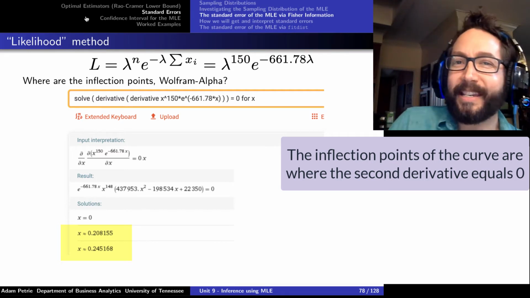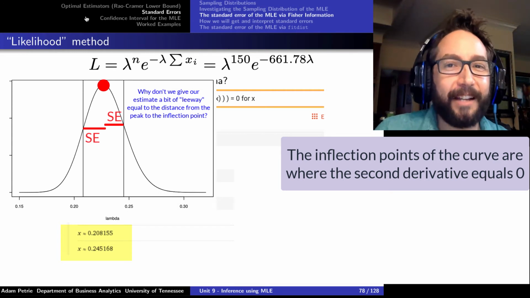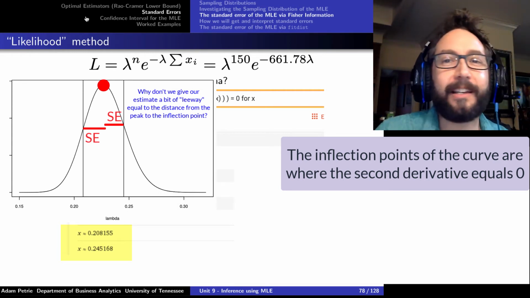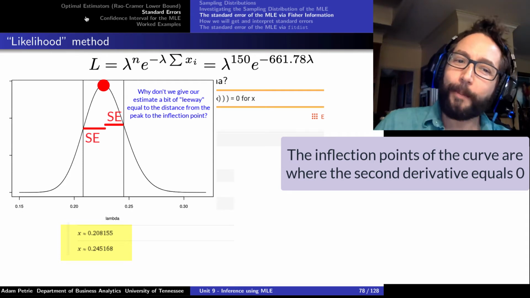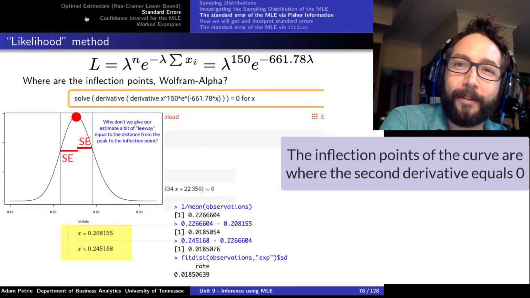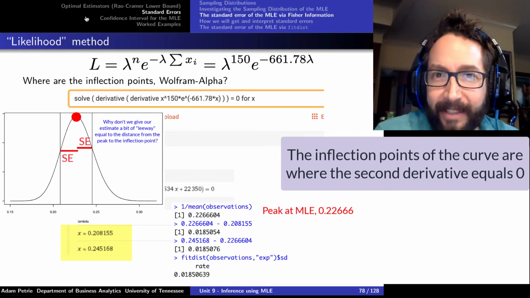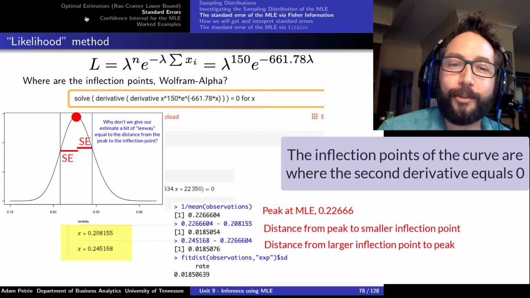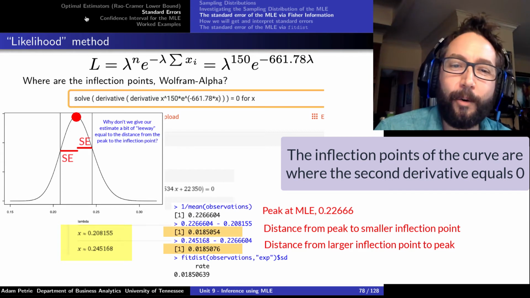So why don't we use the distance from the peak, the MLE, to these inflection points as a measure of our standard error, how much leeway we really have in our estimate of lambda? Well, if we do this, if we measure where the peak is, taking the reciprocal of the average value of the data that we've collected, and look at the distance between the peak and those two inflection points, we see that the inflection points are about 0.0185 away from the peak.